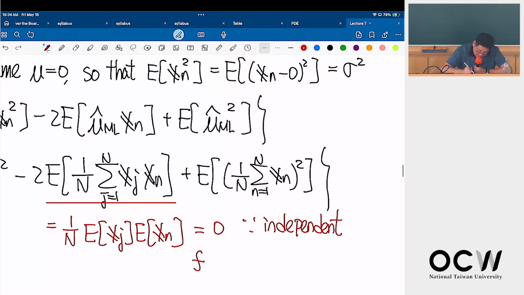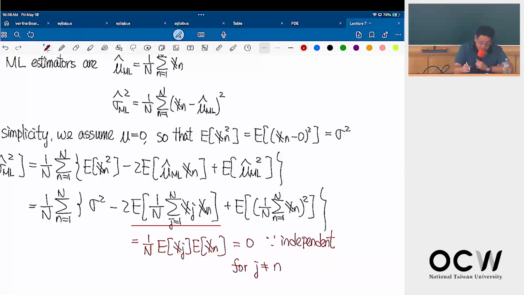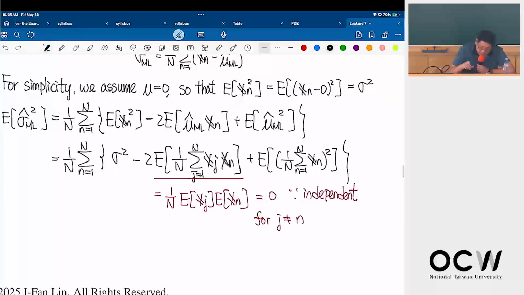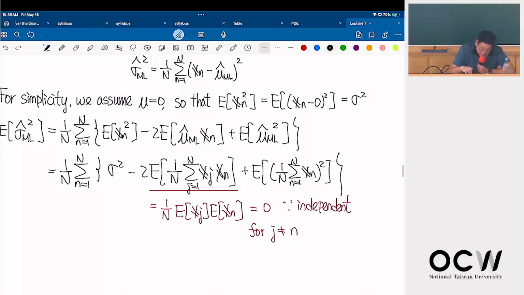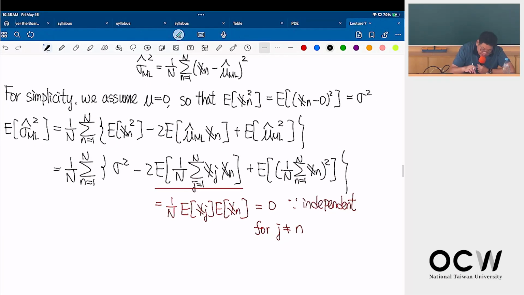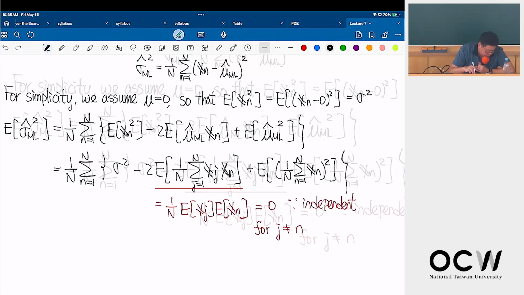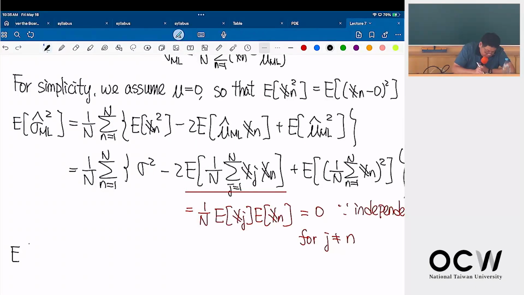This is for j not equal to n. But if j is equal to n, we still take a look at the middle term: 1 over N summation j from 1 to capital N of xj times xn.